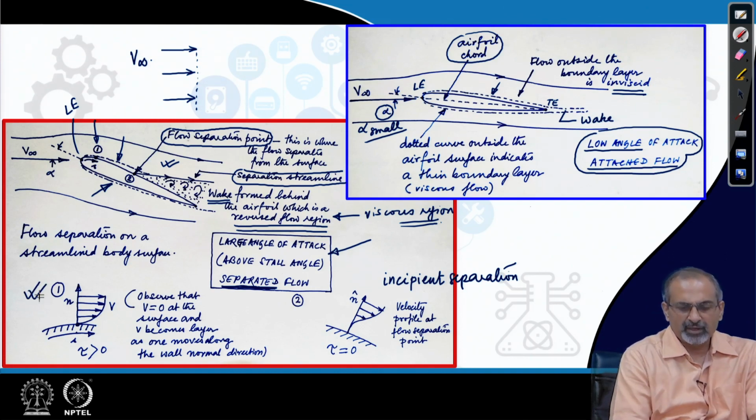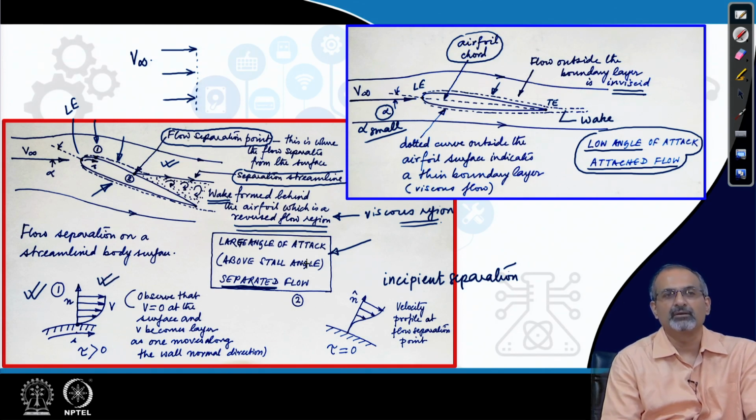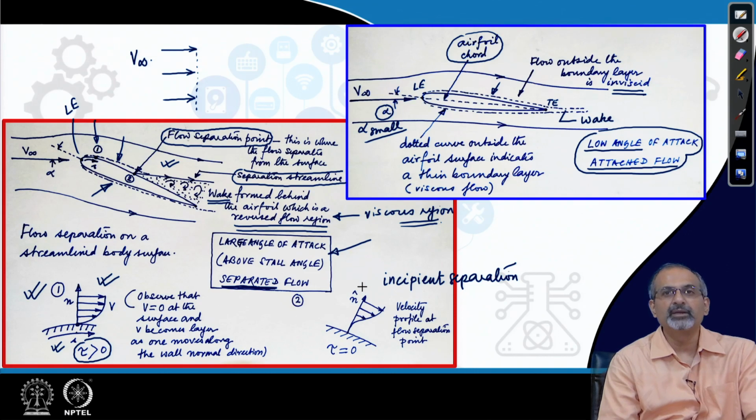So, at point number 1 the flow is well behaved, it is attached. You see a typical boundary layer kind of velocity profile developing in the flow field, and we have marked the S coordinate which is following the upper surface. Here the shear stress, if you calculate it, would be greater than 0.